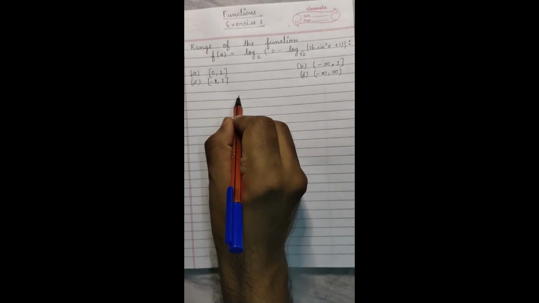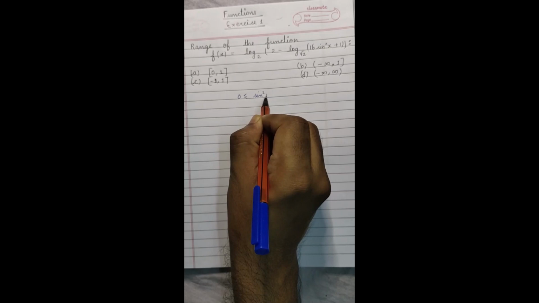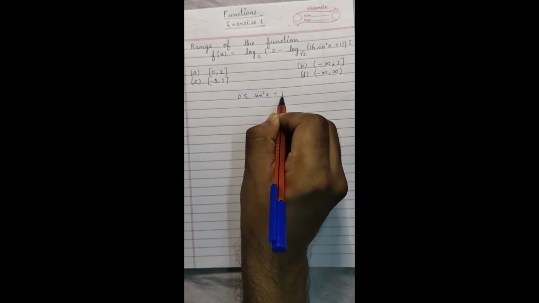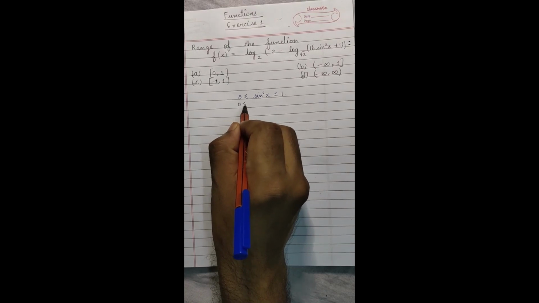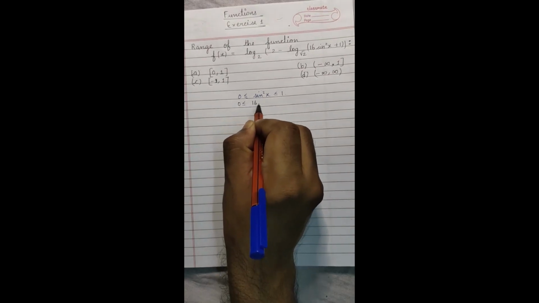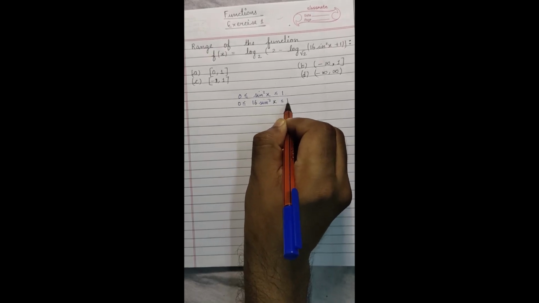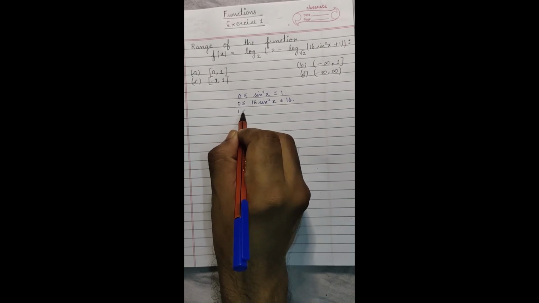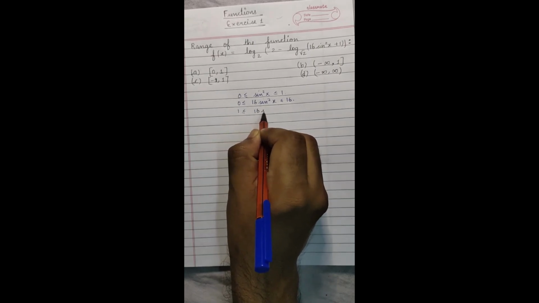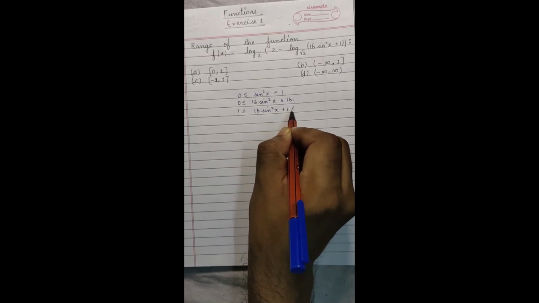So I write here 0 less than equal to sine square x less than equal to 1. So 16 sine square x will lie between 0 to 16. Now 16 sin square x plus 1 will lie between 1 to 16 plus 1, that is 17.